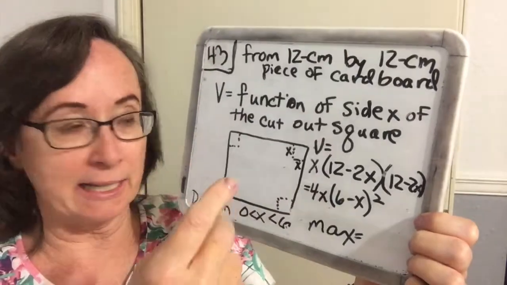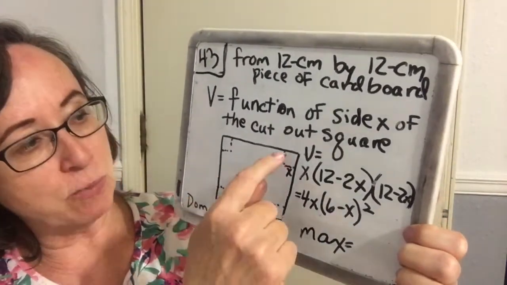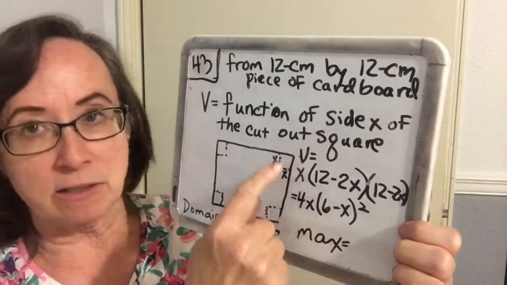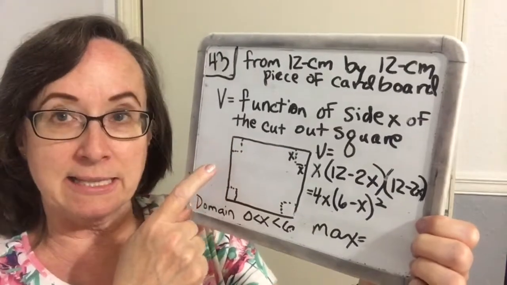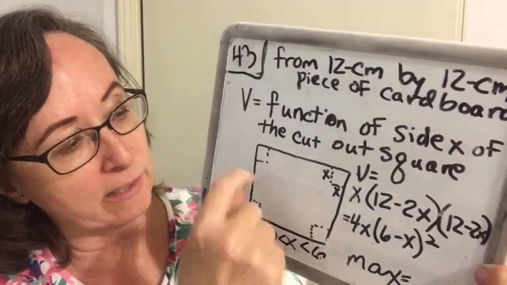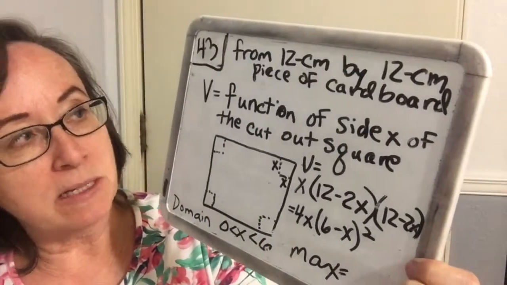So we're going to make a cutting and cut that out to form a box. Now each one of these sides has a shape of x times x. So each one of these little cutouts is a square. And then of course we would fold the box here and fold the box here and come up with a box.